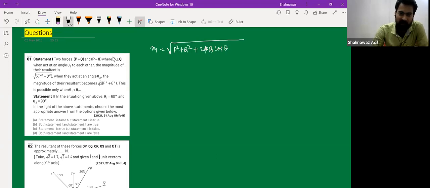And what is the angle between P and Q? 90 degrees, right? So cos 90 is 0. So M square is P square plus Q square.